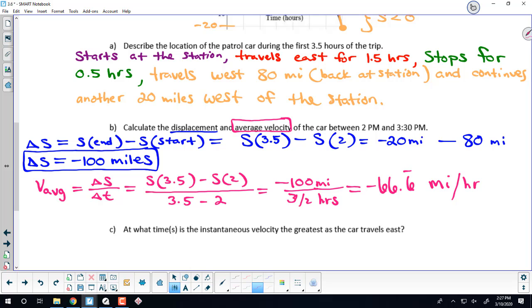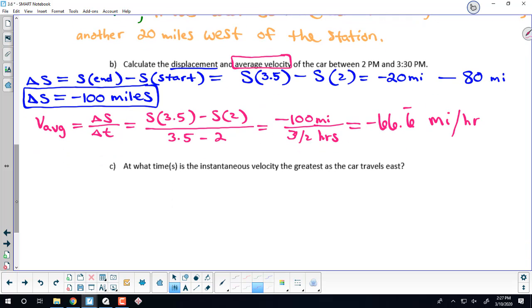We wouldn't expect the time to be negative. All right, so there's our average velocity, which means that, after that person stops and then travels back towards the station, on average they're traveling 66.6 miles per hour. Any questions about either of those?